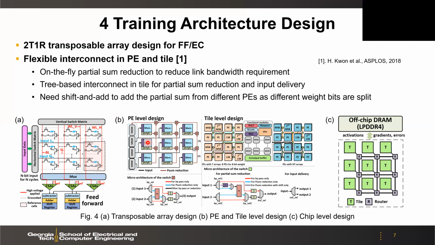One with transposable array for feed-forward and error calculation, while the other with non-transposable array for the gradient calculation. Each PE contains 9 memory arrays, since most of the kernels are 3 by 3. The input feature maps and the output feature maps will be stored into the SRAM buffer. The multiple PEs are grouped in a tile. There are 32 tiles. There are 32 PEs in a tile.